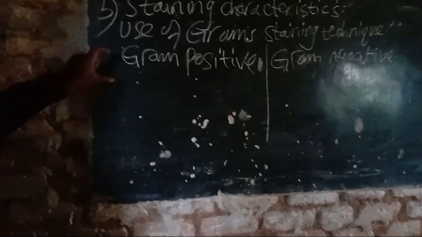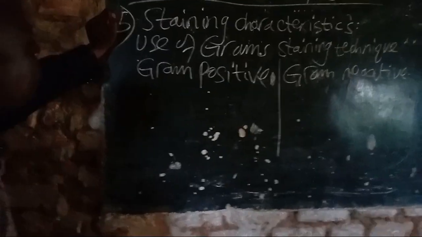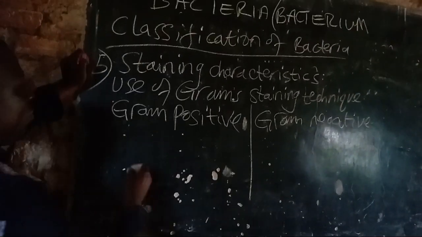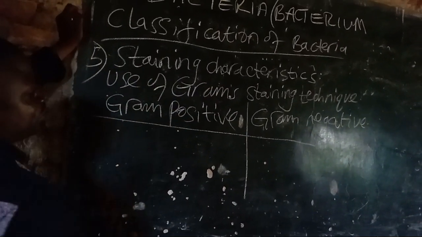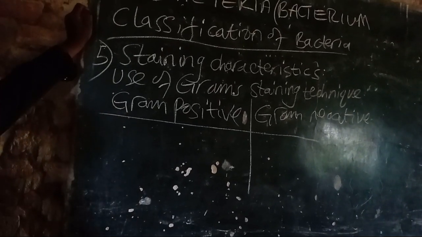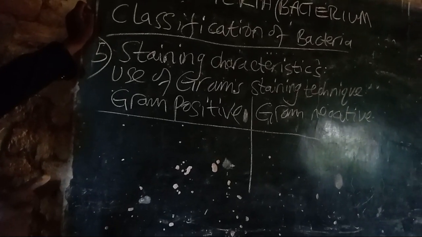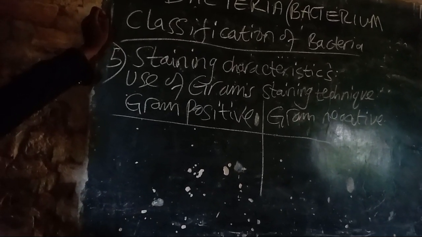We shall discuss this gram staining in the future, but those with a thick cell wall are the ones we call gram positive. Then those with a thin, gelatinous structure are called gram negative.